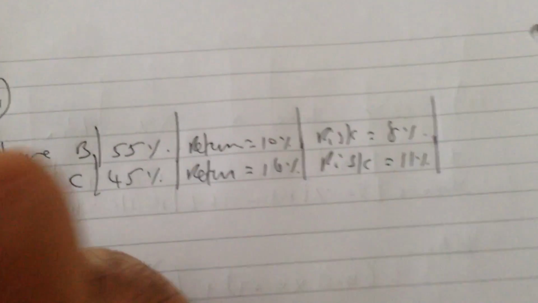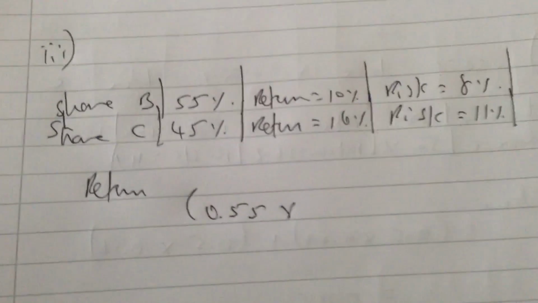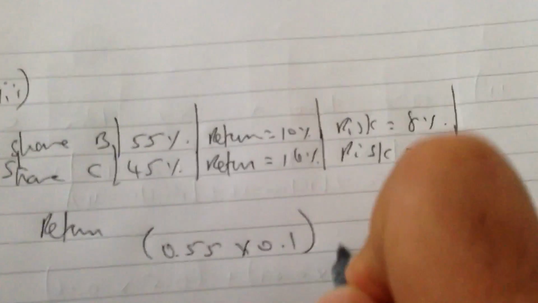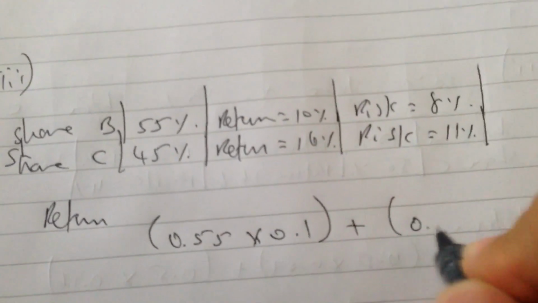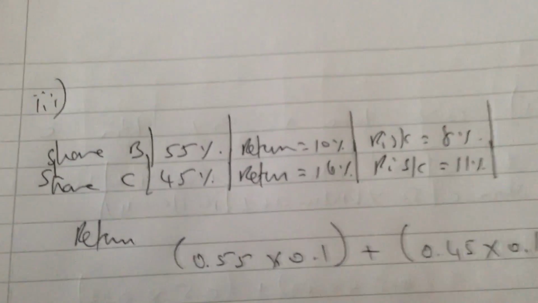So return formula, the weight, 0.55, 55% in share B, multiplied by the return, 0.1, plus the weight in share C, 0.45, multiplied by the return, 0.16.